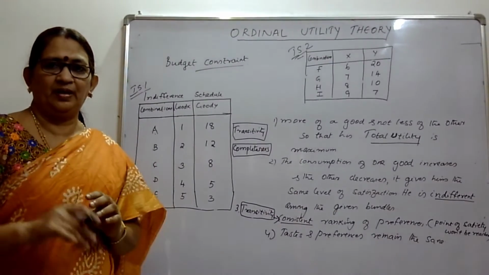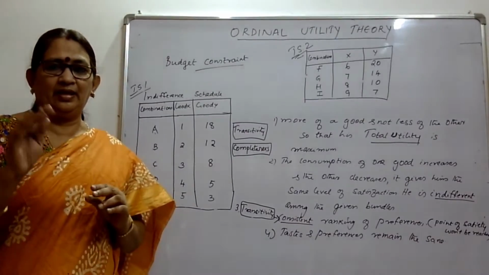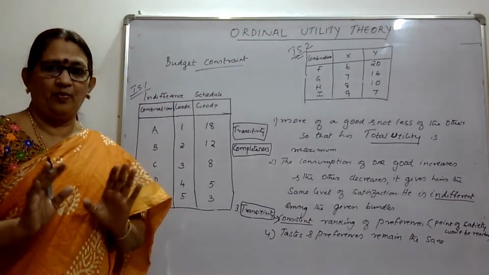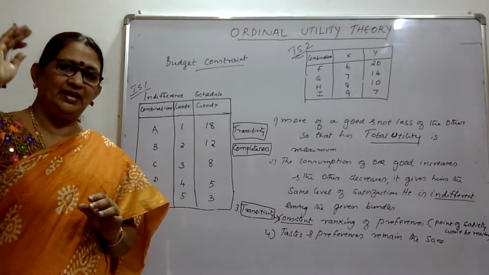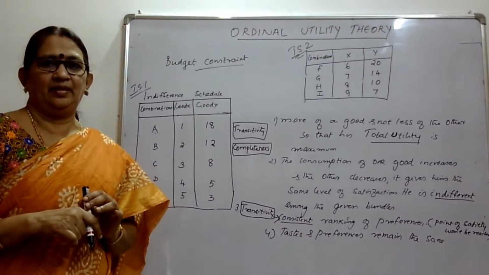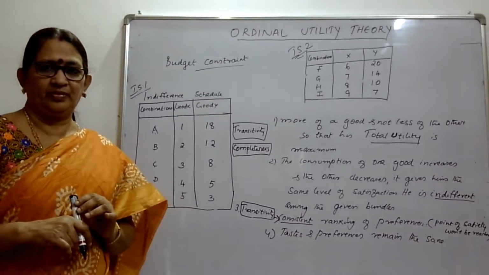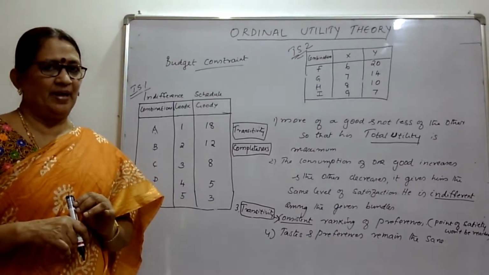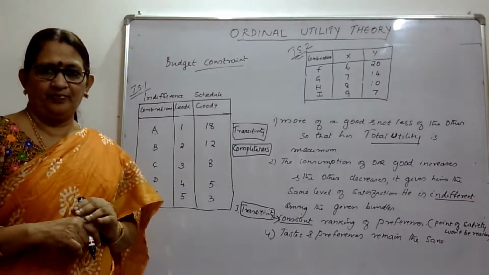And he won't prefer a bundle with a 0 amount of one good and less of the other good. He will try to increase his total utility by consuming or preferring more and more. So total utility is maximum when he consumes more of both the goods.